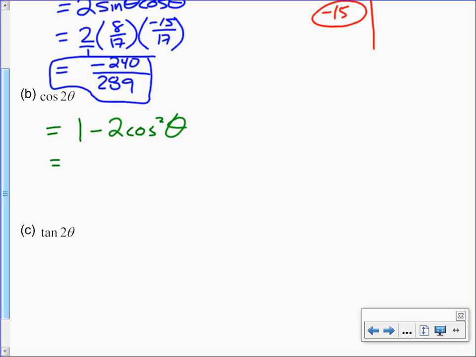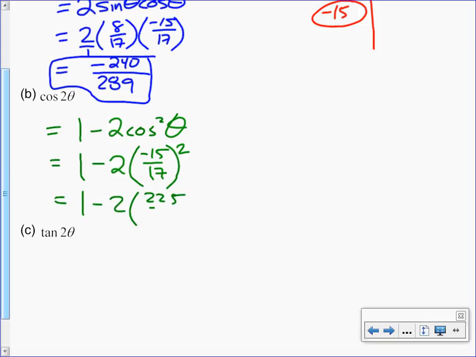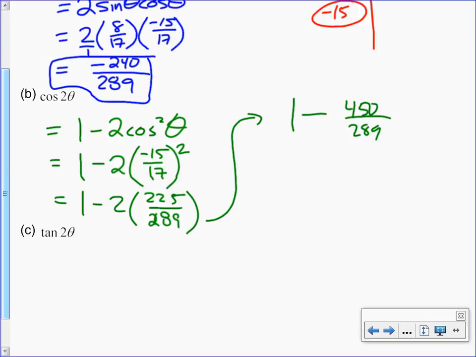Sure. 1 minus 2 times cosine is negative 15 over 17, squared. So 1 minus 2 times 225 over 289. So 1 minus 2 times 225 is 450 over 289. And to subtract this, you need to change this 1 to 289 over 289.